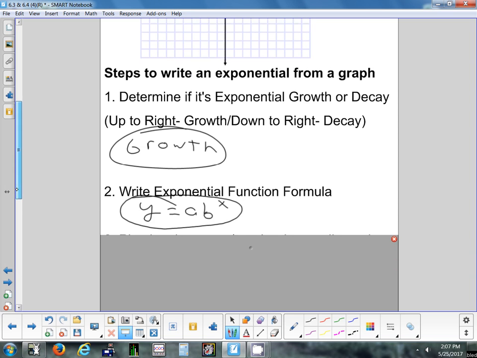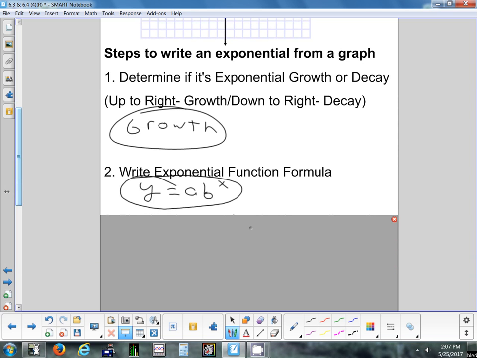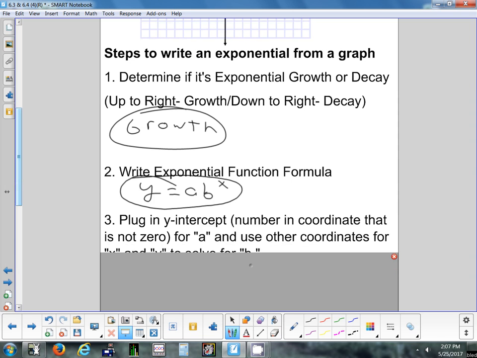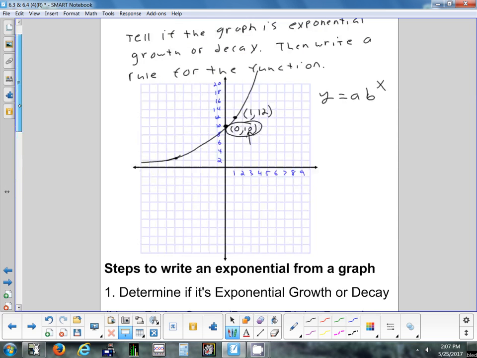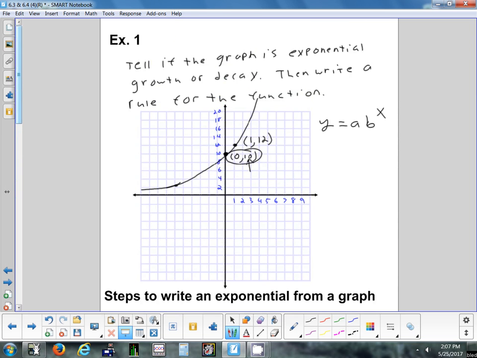Which one do you want to do first, find a first or b first? A. Okay, we'll find a first. It's a good choice because that's what I already had in my notes. To find a, you're going to look at this point right here. Anybody remember what you call the point where it crosses the y-axis?